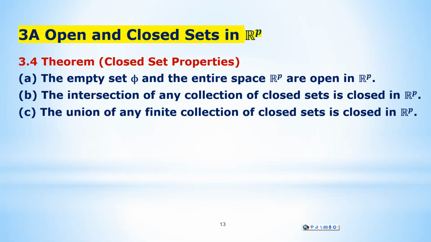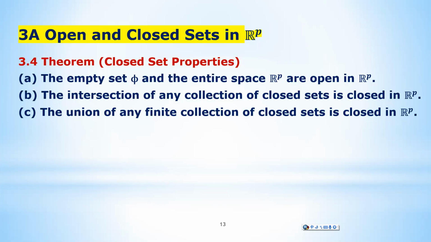Now think about the empty set. Previously, we said the empty set is an open set. And now we're going to say that the empty set itself is also a closed set. Why? Because you look at the complement. The complement is the whole space, R^p, but I know that R^p is open. So the complement of the empty set is open. Therefore, the empty set itself is a closed set.